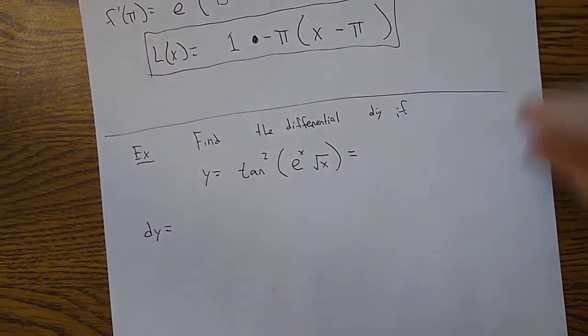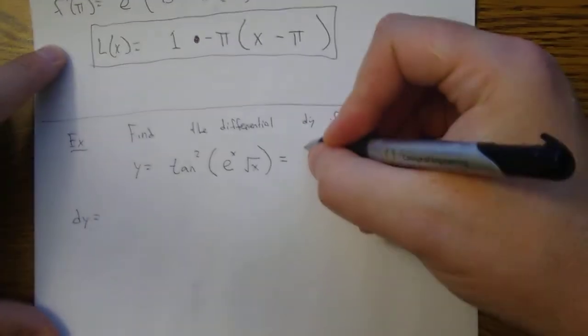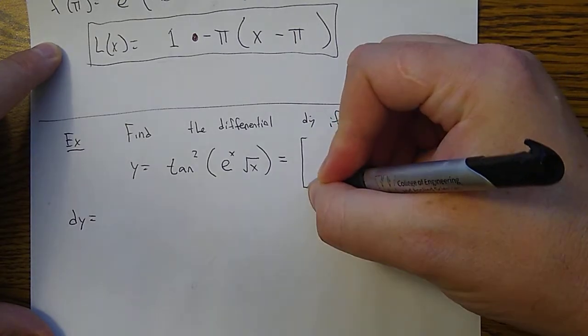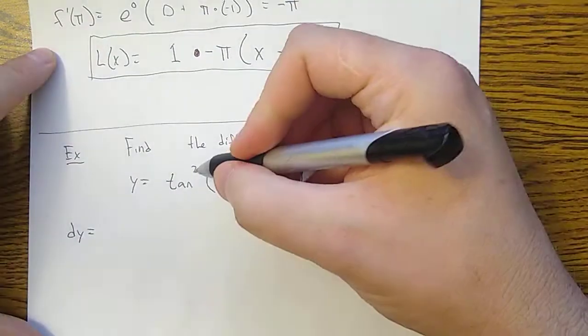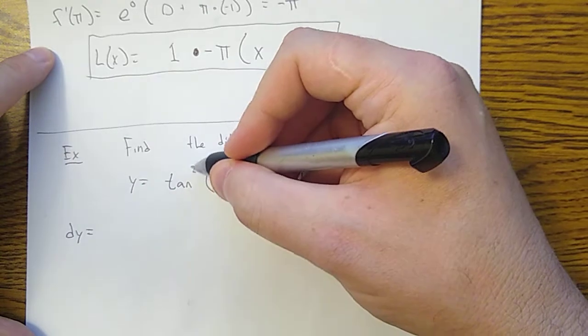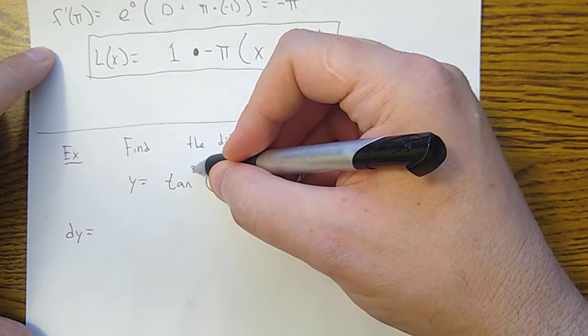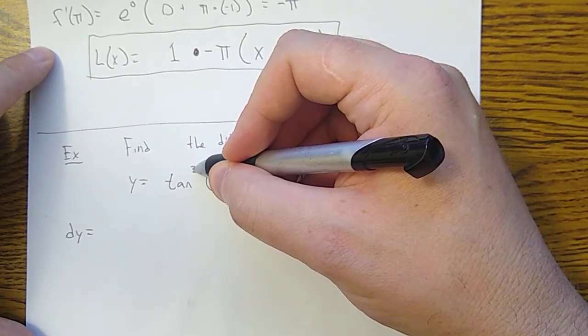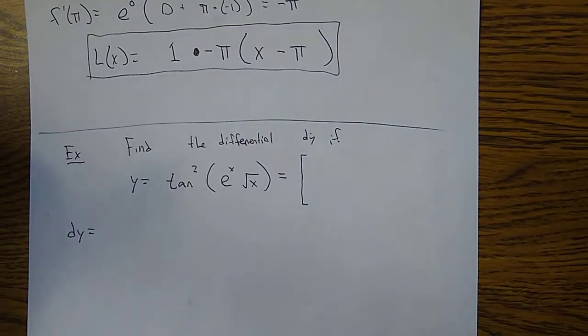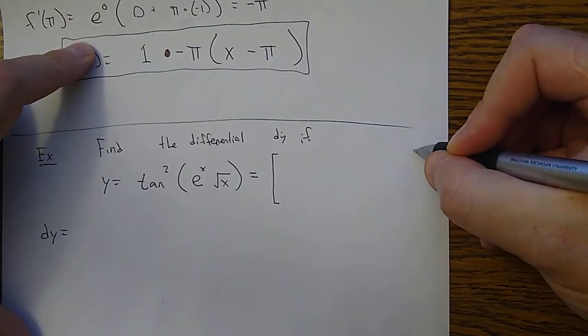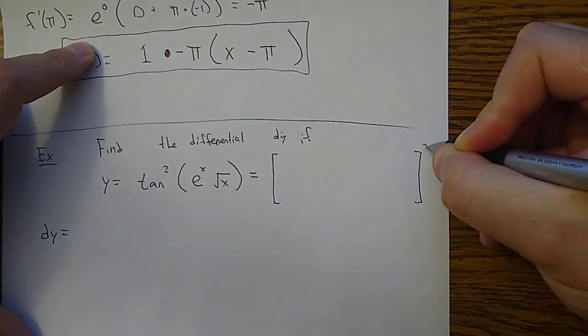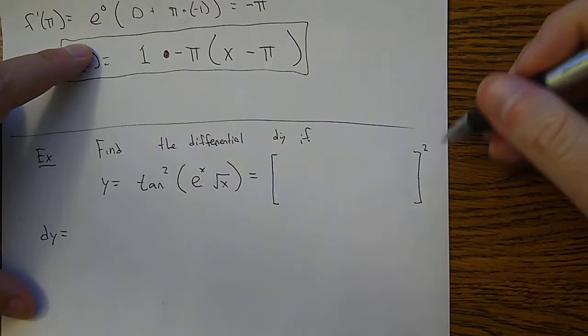So I'm about to find the derivative. Let me put this in a form that is friendly for calculus. First of all, remember how we interpret a power on top of here. It's like tangent in parentheses squared. So I'm going to use square brackets.